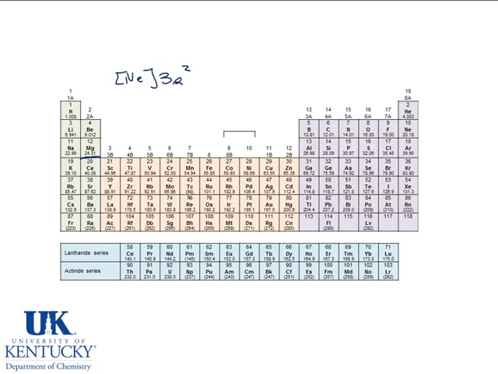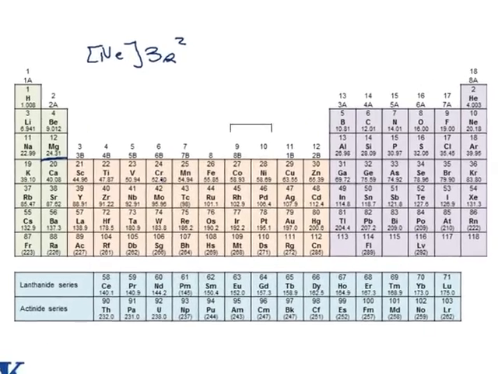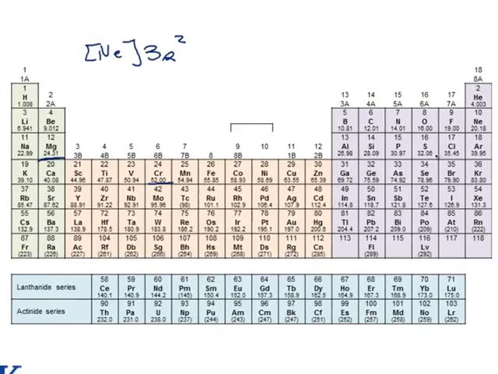Chromium's electron configuration, as we locate it here, the noble gas that comes before chromium is argon, so we have argon. We come over to this block and we count down 1, 2, 3, 4, so this is a 4s, and we have 2, and then we enter the d block, and d starts with the number 3, so this is 3d, and we count over 1, 2, 3, 4.